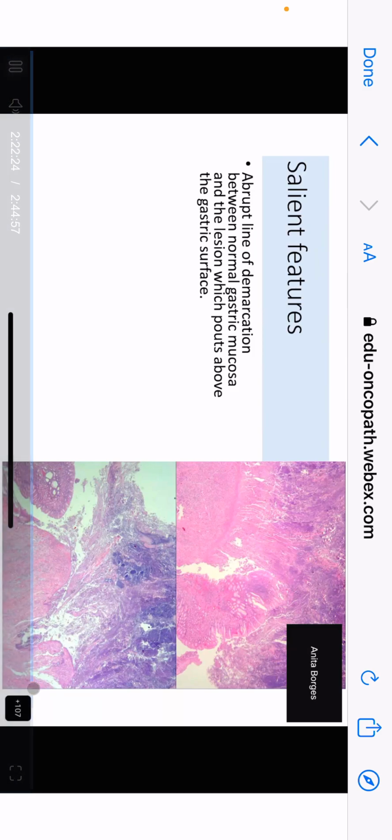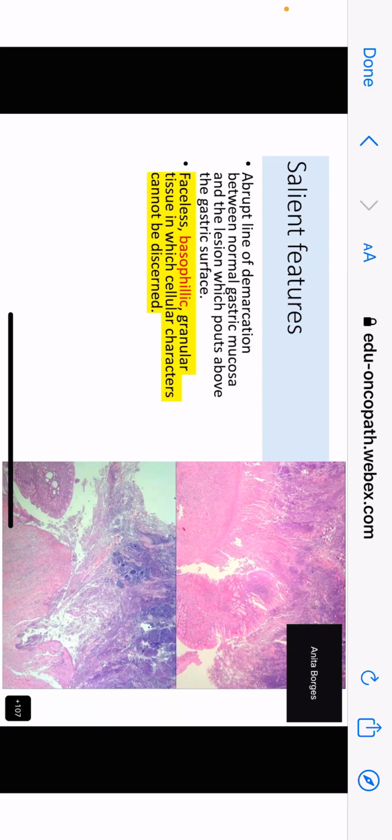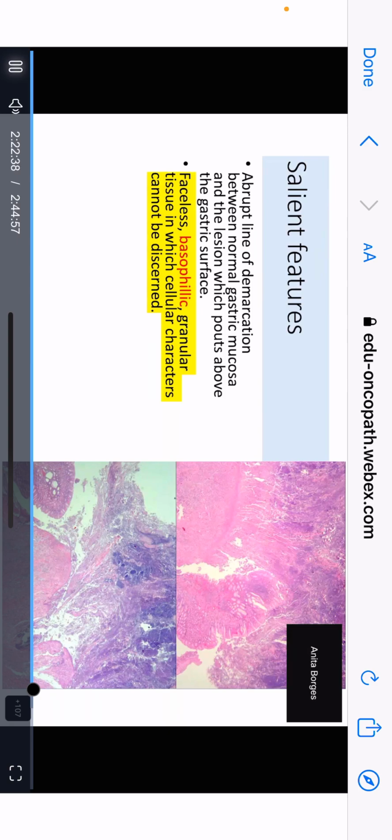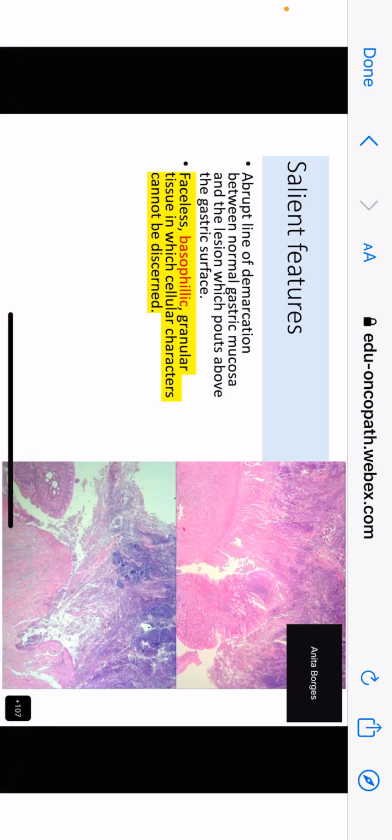You know, that is the word. It is pouting out above the gastric surface. You can see it in both these pictures that I put up here. And it's exactly what you're seeing. Faceless, basophilic, you were right, Dia, when you said it was basophilic, granular tissue in which no cellular characteristics can be discerned.